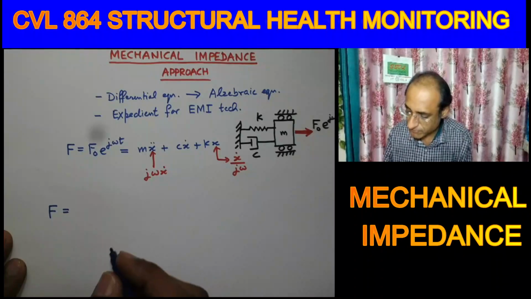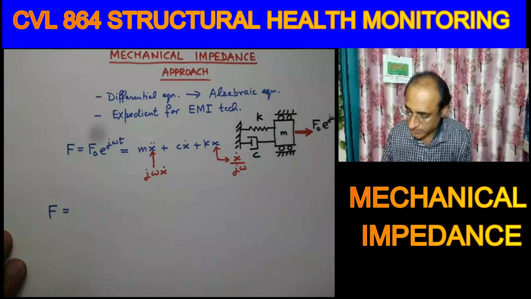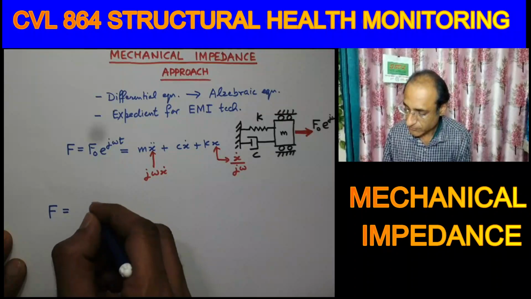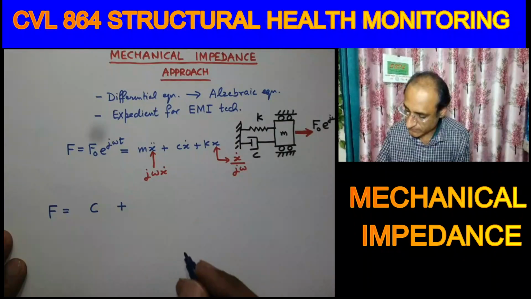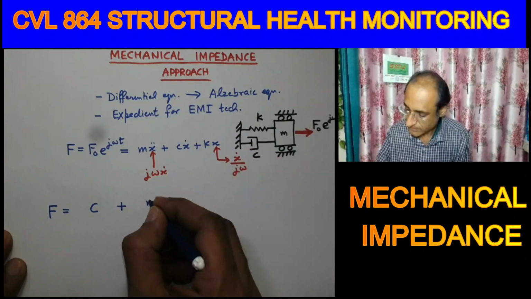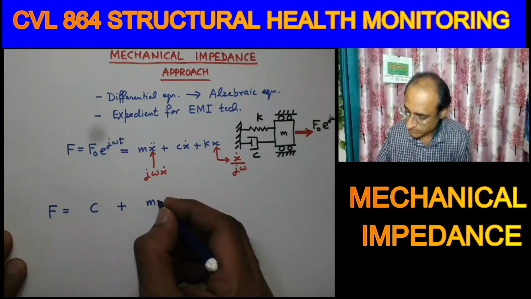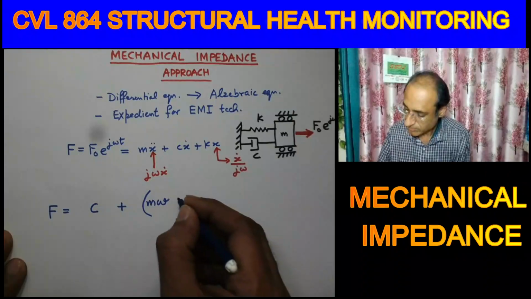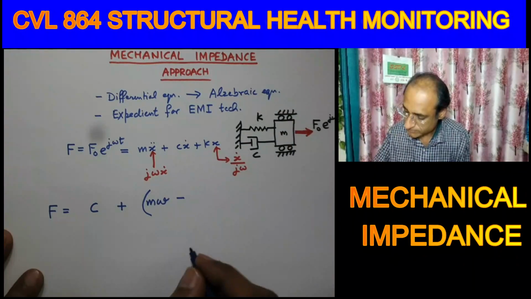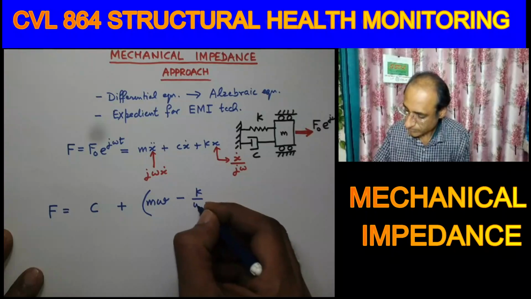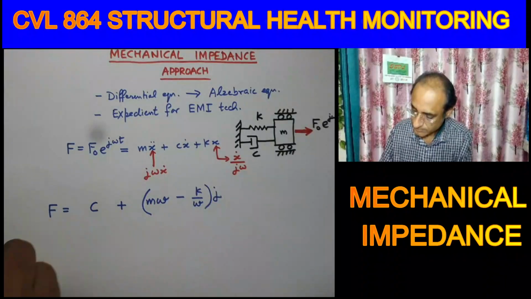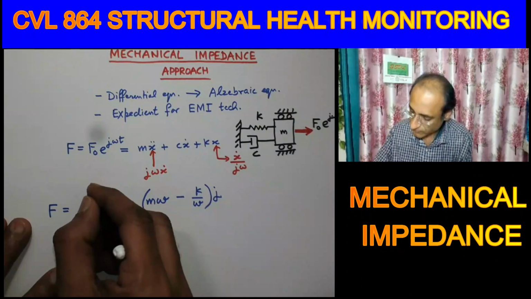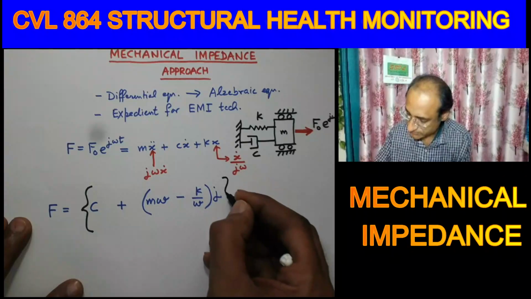now what we find is that everything is in terms of the velocity. So we have C, we are writing C first, then the terms with j. So we have here C plus j times (M omega minus K by omega), and I have taken the velocity x dot as common.